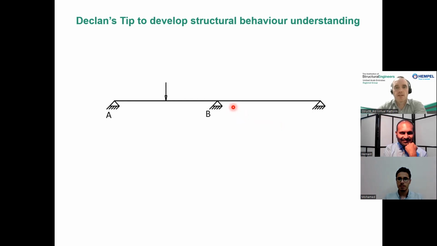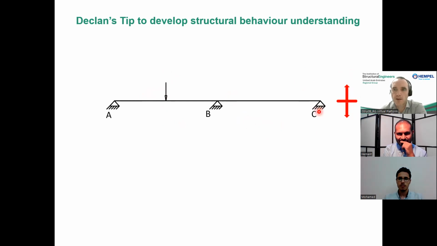With this example I'm showing here, you just have a two-span beam, and you've got a point load in the middle of the first span. So when you're working out or trying to visualize the bending moments and the reactions, you may wonder, for example, reaction C, is it going upwards or downwards? So you've got a force on the adjacent span.